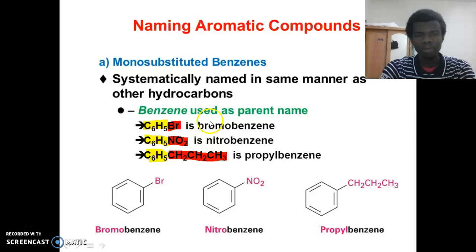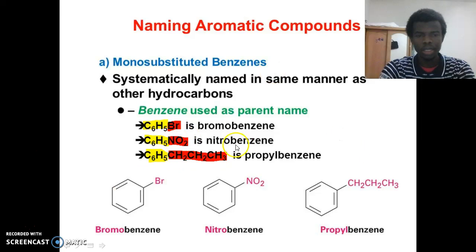Now, when we are naming aromatic compounds, if we have one substituent where the carbon chain is not more than 7, then we name benzene as the parent chain. For example, here benzene will be the parent chain, and here also benzene will be the parent chain.